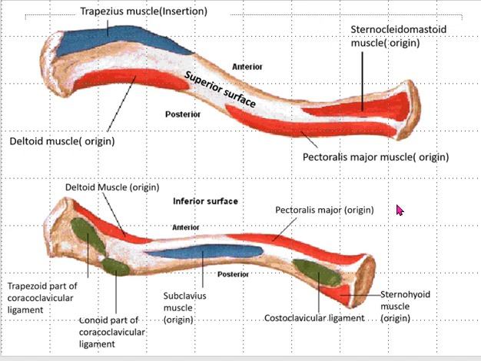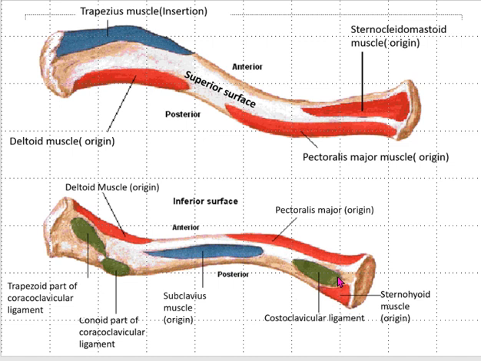The attachment of the superior surface. The superior surface is smooth and is covered by skin and platysma muscle, and medially provides attachment of the sternocleidomastoid muscle. The inferior surface has a rough impression near its medial end which provides attachment of the costoclavicular ligament.